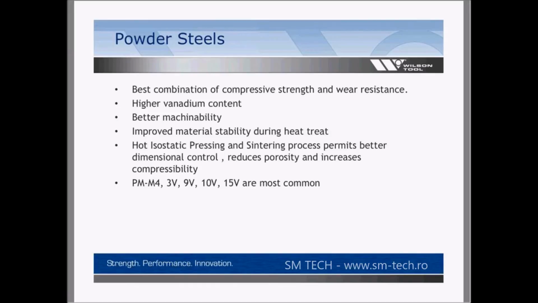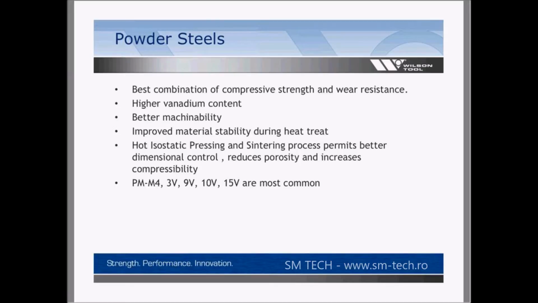Into the powdered steels themselves, the best combination of compressive strength and wear resistance is what a powdered steel kind of offers you. Again, we talked a little bit in the manufacturing process that the material itself has smaller particles, a little more close-knit. You can get the carbides to bond better together, giving you a higher compressive strength and more wear resistance.